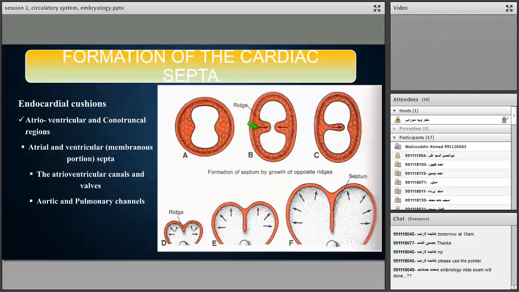So the lumen of the tube will divide into two parts, 1 and 2.